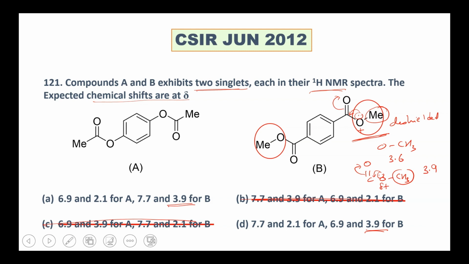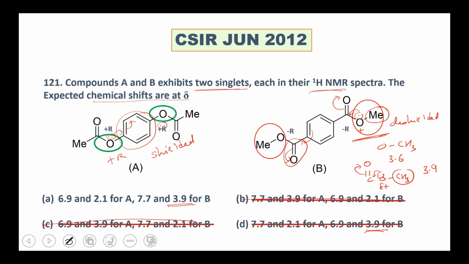Next, you check the oxygen of the ester in the A compound. It is an electron donating group, a plus R group. So when you have electron donating nature, the benzene hydrogens will be shielded. Here you have a minus R group. They'll withdraw the electrons away from the benzene ring, whereas here they will give the electrons towards the benzene ring, so it will be shielded.